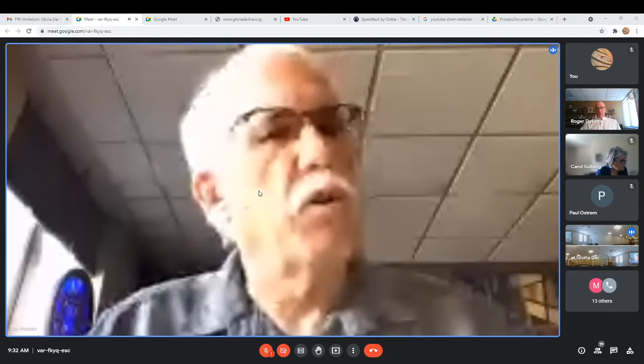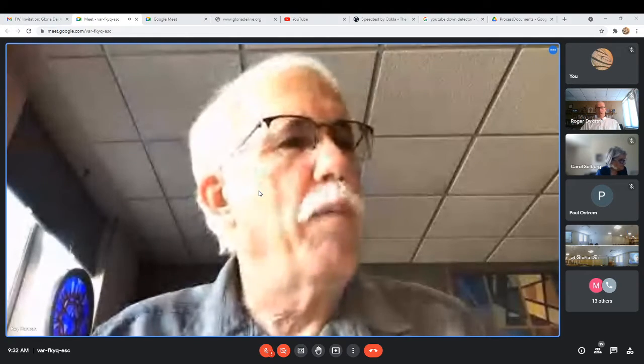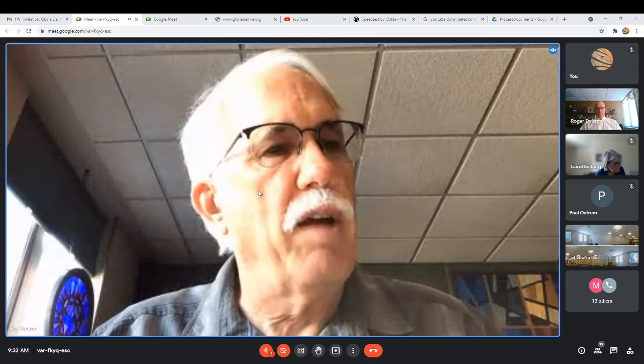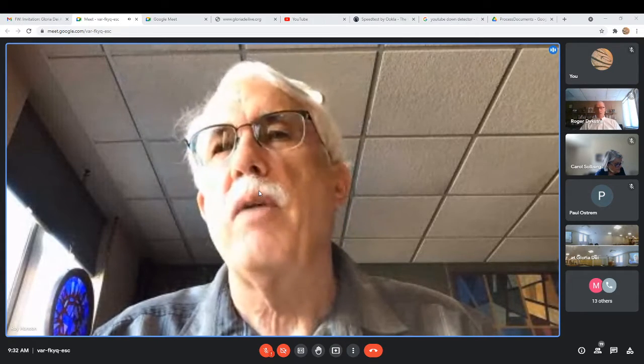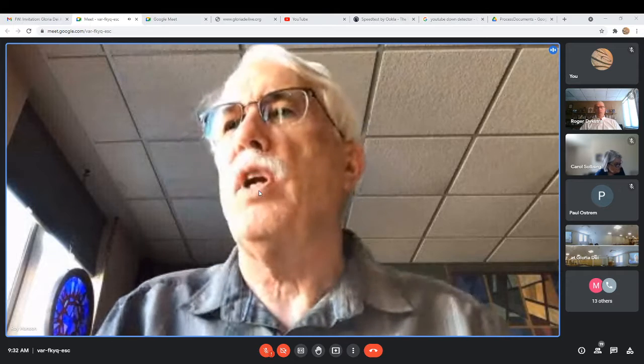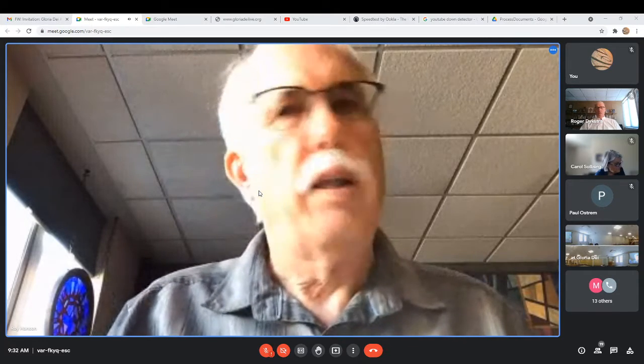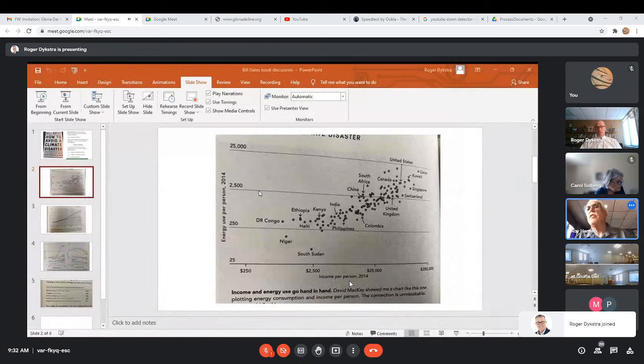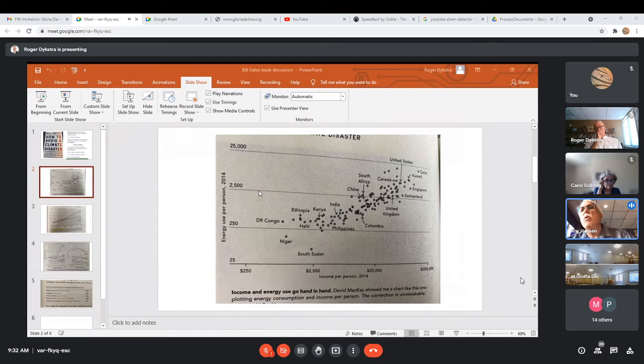Anyway, the graph basically showed the energy used per person in 2014 and the income level per person, and I thought that was a real helpful graph. I don't know if you can share that. We're not seeing it. It would have been photo 3. That's the one. If you don't have the book in front of you, basically the energy use per person is up the left side, and across the bottom is income.